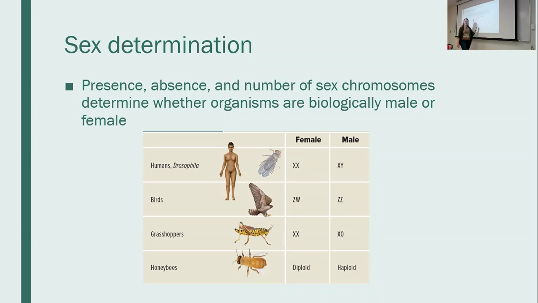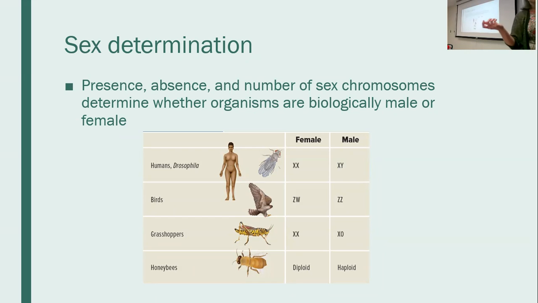Honeybees, if you're diploid, you're female, and if you're haploid, you're male. The males are all just haploid clones. There's no actual fertilization in their production. In spiders, some spiders have hundreds of sex chromosomes, and it's just kind of like a tipping point. If you get enough of whatever the spider's sex chromosome is, you are female.